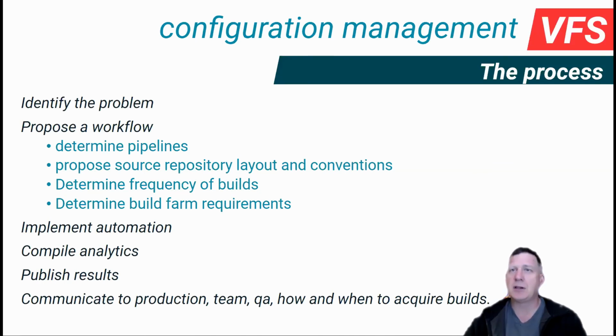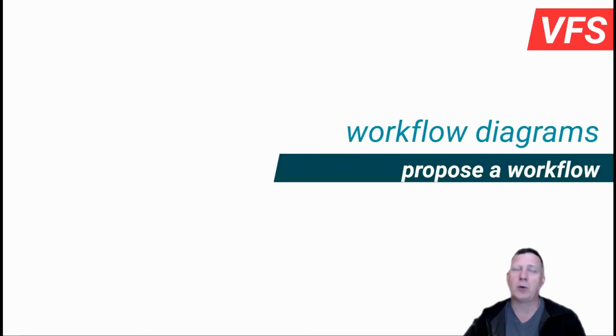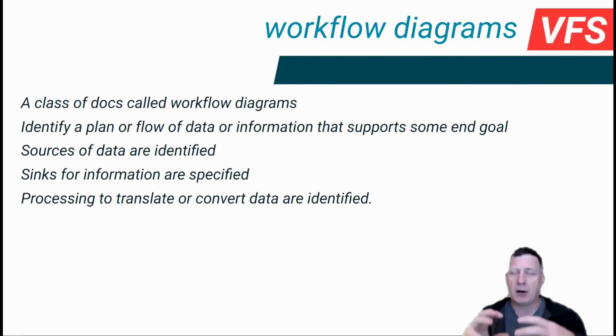The way we do this is we work out what we call a workflow diagram. And these workflow diagrams are charts of how your build operates. We kind of figure out all of the sources for information and all the places they're going. We figure out all the translations we're going to do from one kind of data to another.